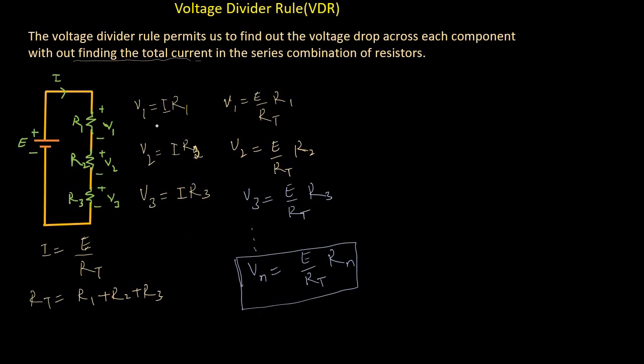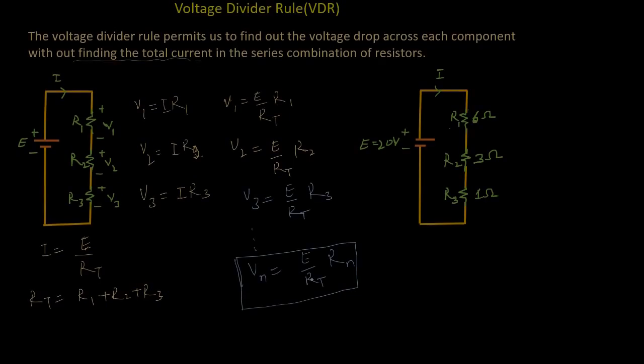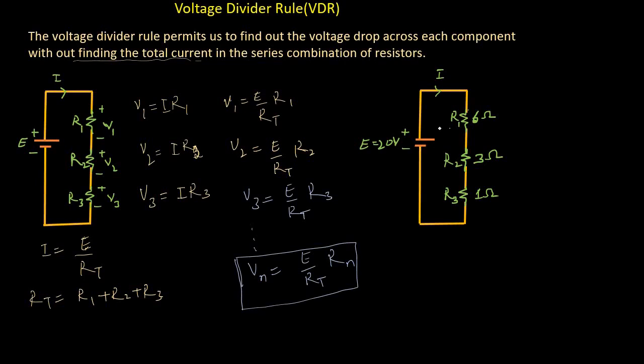To understand this voltage divider rule better, let's take a simple example in which we have a DC voltage source connected in series with three resistors, R1, R2 and R3. R1 is 6 ohms, R2 is 3 ohms and R3 is 1 ohm. The potential difference across the terminals of the DC voltage source is 20 volts.